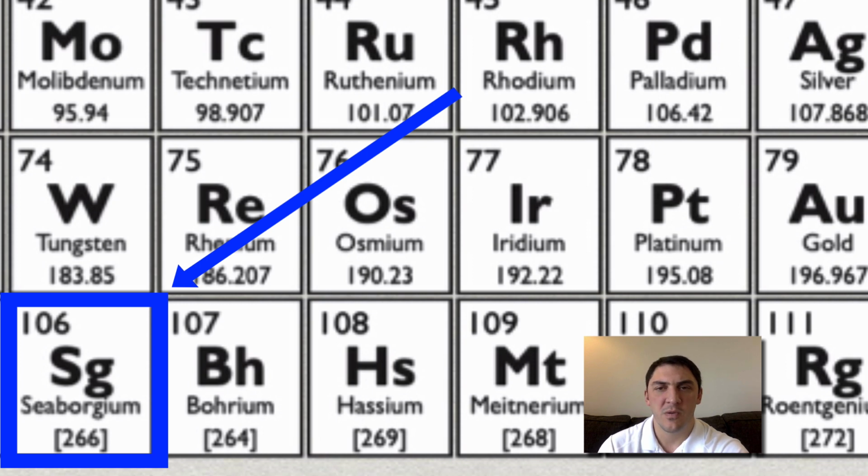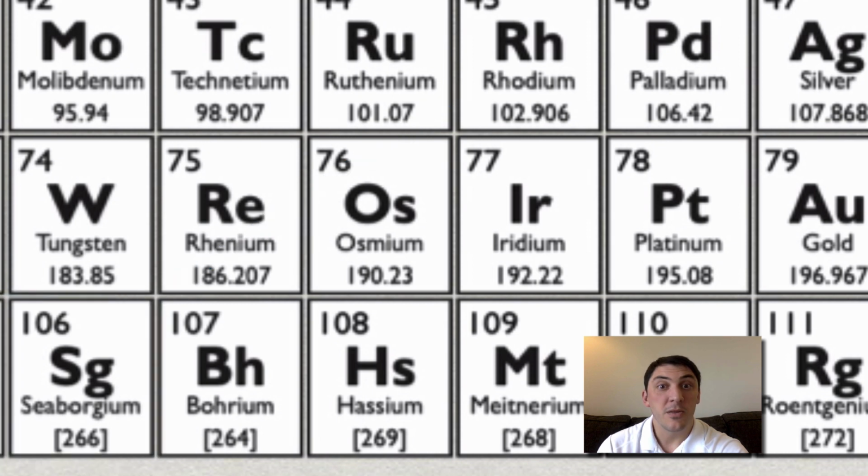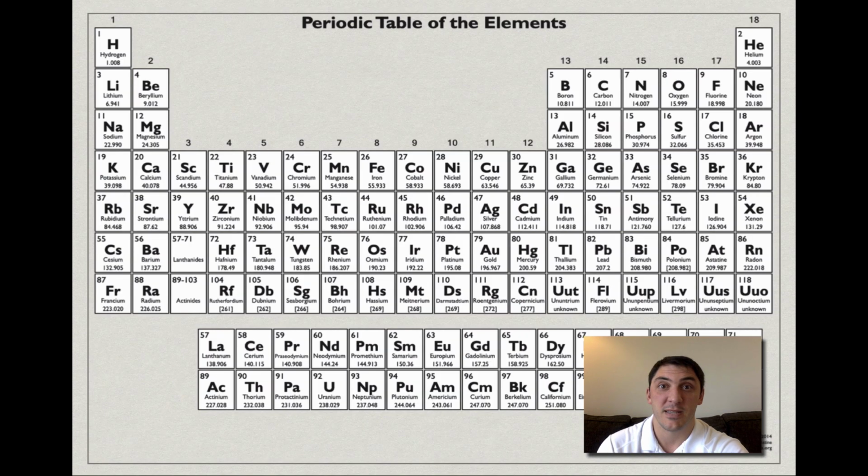How can it just be a whole number? Can you think of a reason? The reason is there's no other isotope known to exist of seaborgium. There's only one, so when you take its weighted average with no other isotope to multiply by percent abundance, 100% of seaborgium is considered to be seaborgium-266.